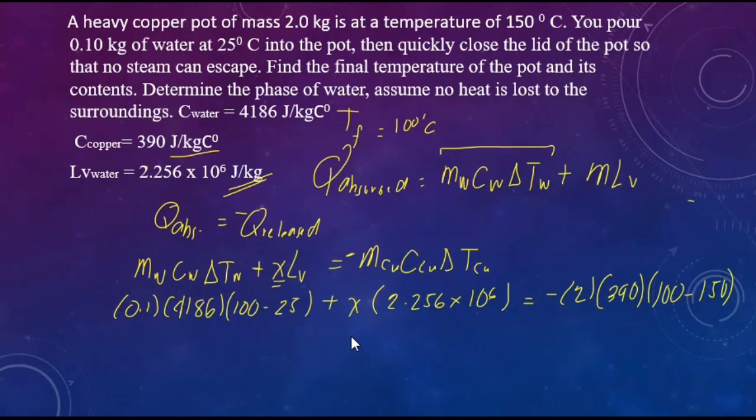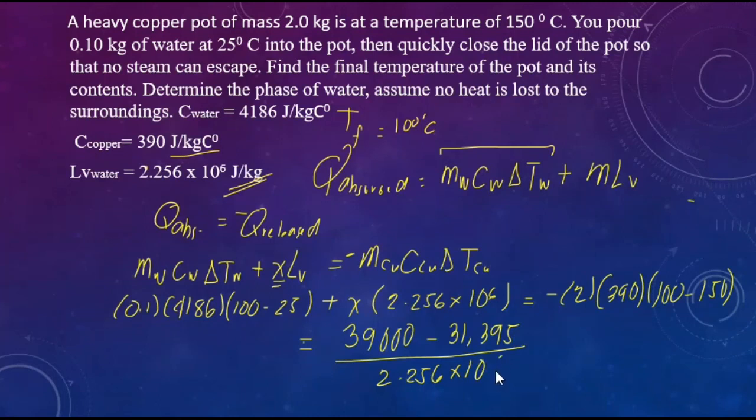So we now have X times 2.256 times 10 to the 6 equals 39,000 minus 31,395. So this is 39,000 minus this, then divided by 2.256 times 10 to the 6.